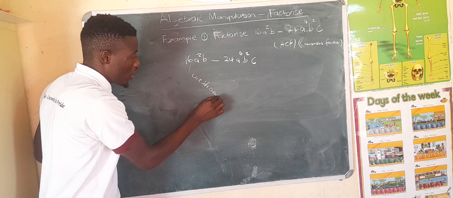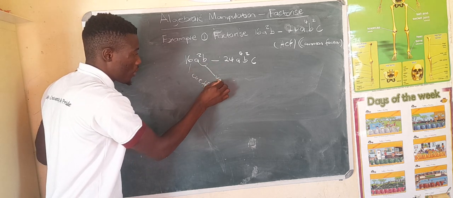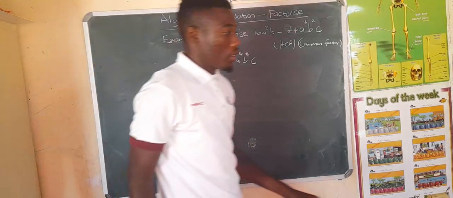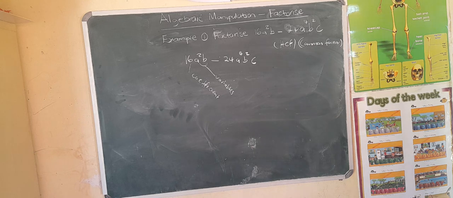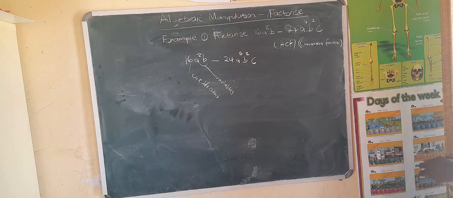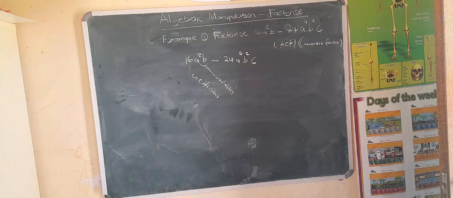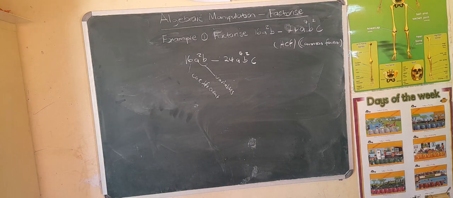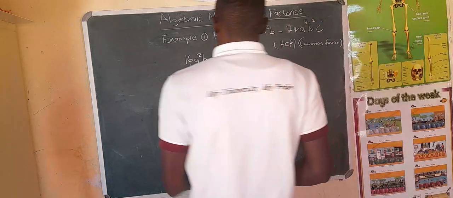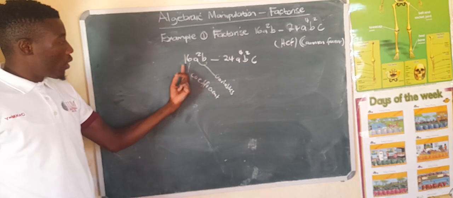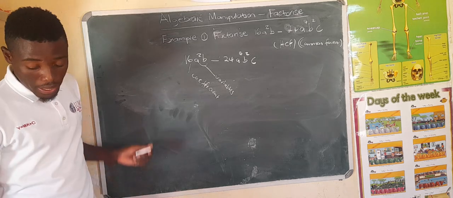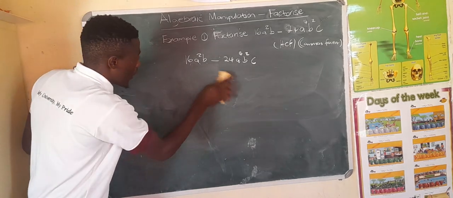And these ones we call variables. We call this coefficient and then we call these variables. Right? Then we are going to factorize by finding the highest common factor.